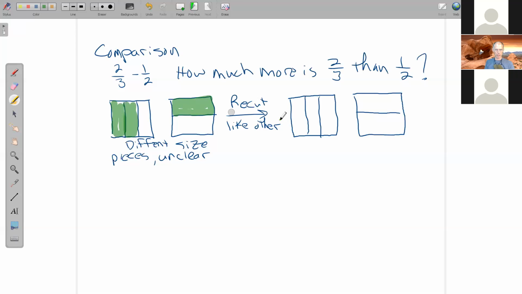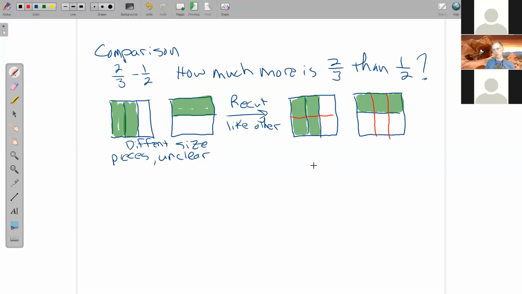And whenever possible, I like to recut with a different color to compare to the original. So let's recut in red, halves, oops, that's not red, try again. Red that way for halves and red this way for the thirds.